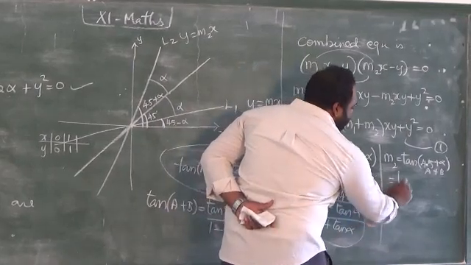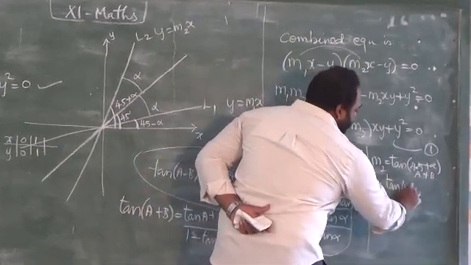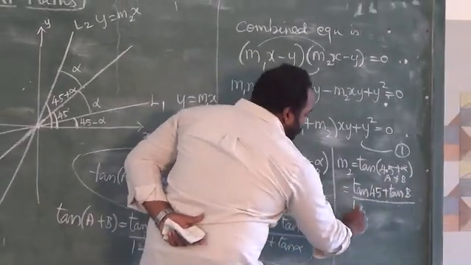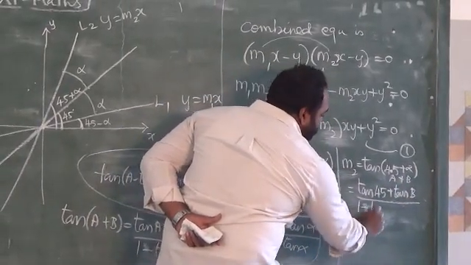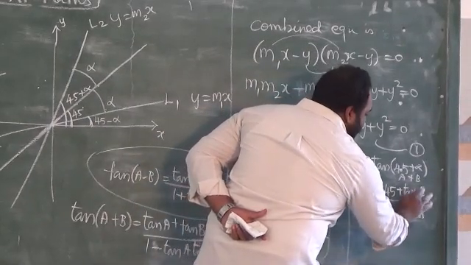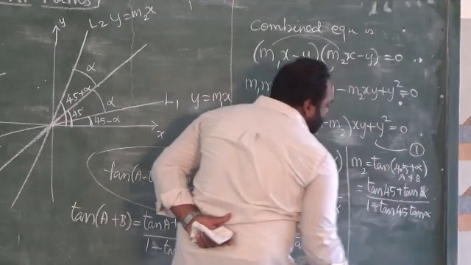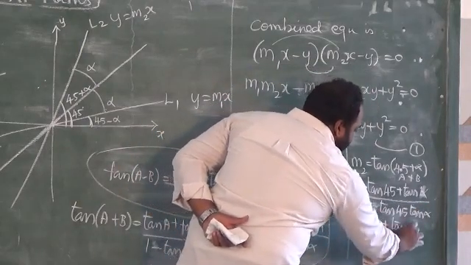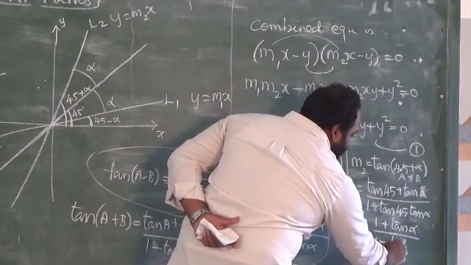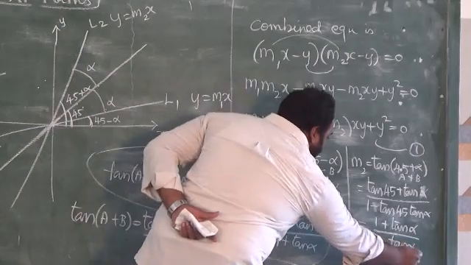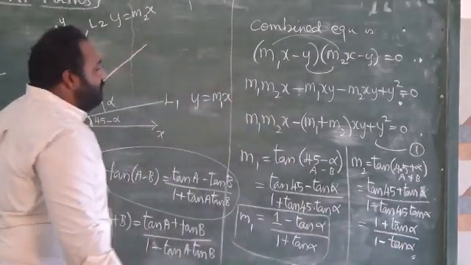So M2 equals tan 45 plus tan alpha by 1 minus tan 45 tan alpha, that is 1 plus tan alpha by 1 minus tan alpha. This is the M2 value.